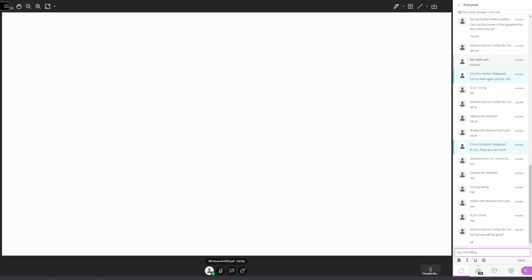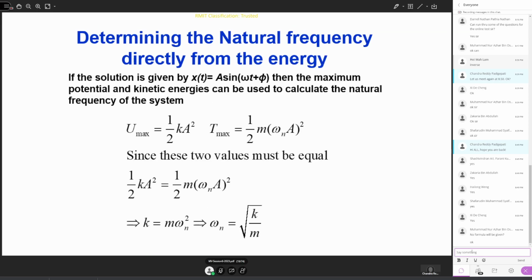So your second question, probably you will be asked to derive the equation of motion using both the Newton's method and also the energy method. So probably you will be having a simple mass and spring system, okay? And for that you need to derive the equation of motion and also derive the natural frequency of the system.